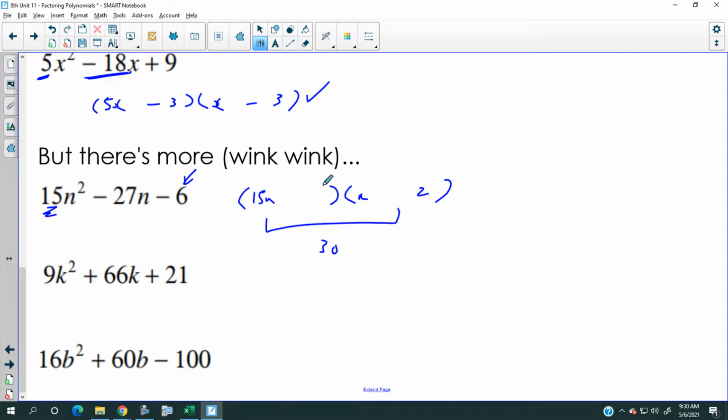And once I put that 2 in, I'm going to put 3 here, and 30 and 3 can give me the 27 here. So you see what I'm thinking here? I'm thinking I could put a 3 and a 2, and since they're both negative, then one number has to be bigger than the other, right? Oops, what did I do? All right, so if I put a 3 and a 2 here, this would give me 30.